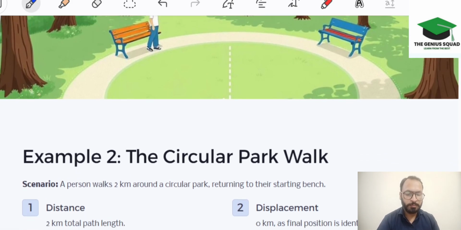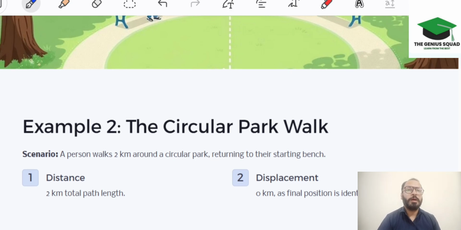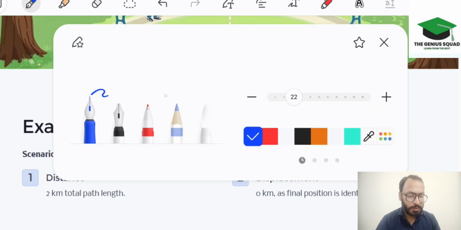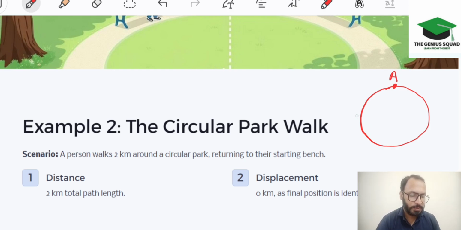One more example which will help you understand this more: the circular park walk. This is the best example that can explain displacement. Let's assume that you are moving around in a circular park, and the circular park distance is 10 kilometers.